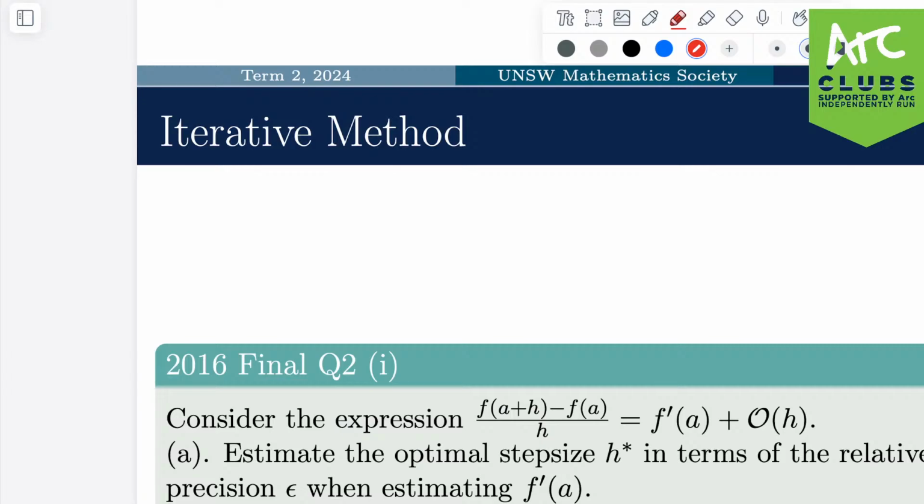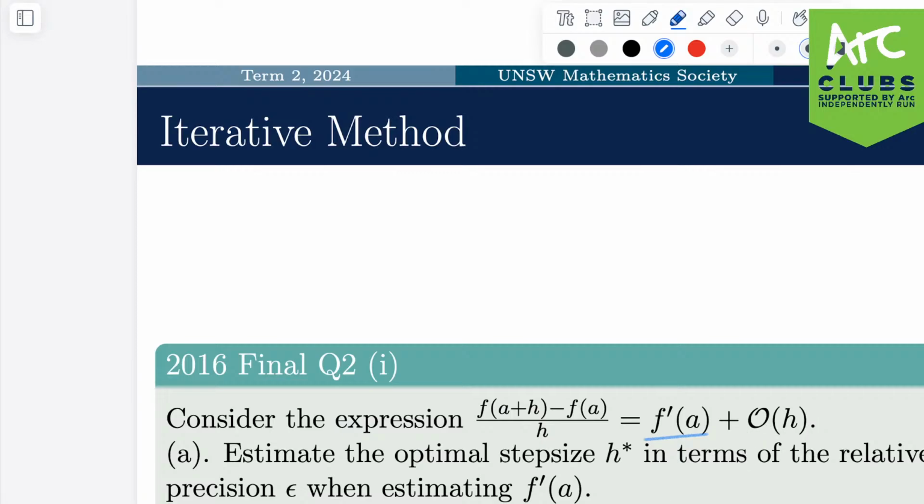And here we actually want to minimize E, right? So we want to minimize E, the total error, with respect to the truncation error and the relative error. And here, because we only have f dash a, we don't really know f dash dash a.